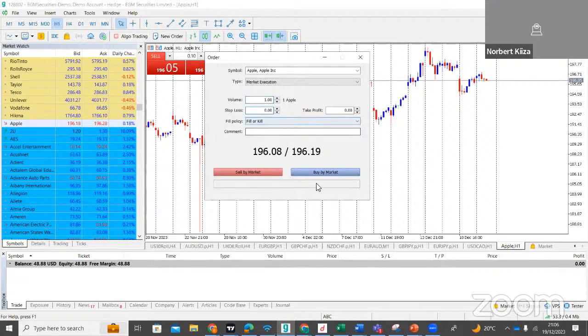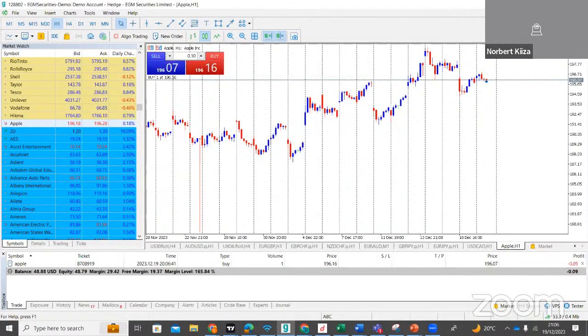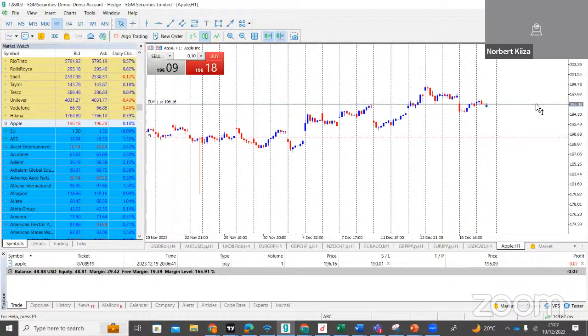Then once you set your stop loss and take profit, you can click buy. The alternative would be to execute the trade first. Then you click your entry price and drag. So you drag up to where you'd want to have your stop loss. Then again, you drag and set your target or the take profit. And there you have it.